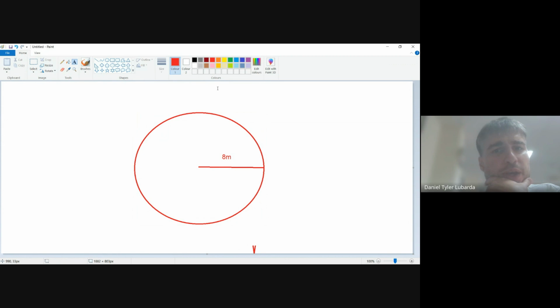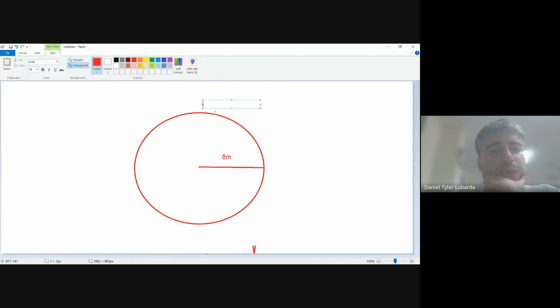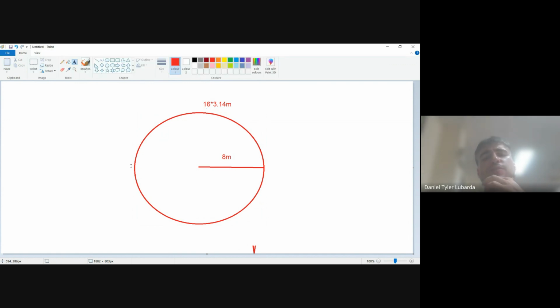But then that means if we want to find its circumference, it's actually going to be 16, because circumference is diameter times pi. So diameter is 2r times, I'll estimate, 3.14 meters. Okay, so that means on every rotation, she's going that distance, 16 times 3.14 meters.